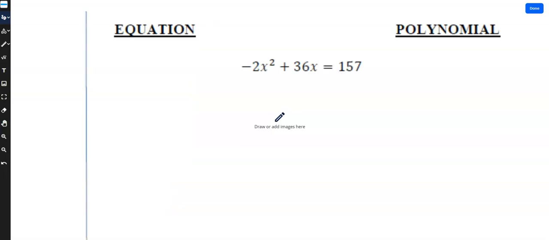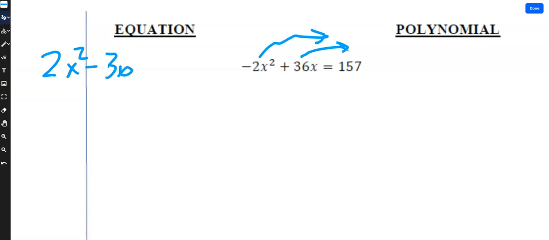Okay, to solve this, push everything to one side and just say 2x squared minus 36x plus 157 equals 0.